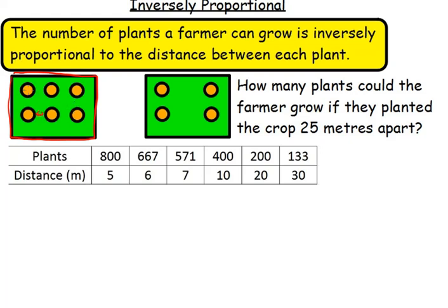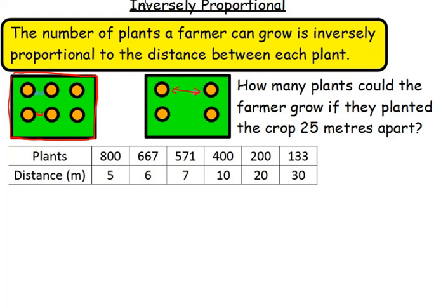The orange ones are the plants. So you could plant them this far apart from each other, and you can fit more of them in. Or you could make the gap between them bigger, but you won't get as many crops planted in that field because the gap between them is fairly large.